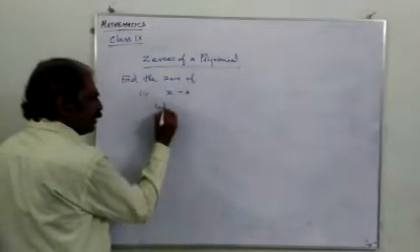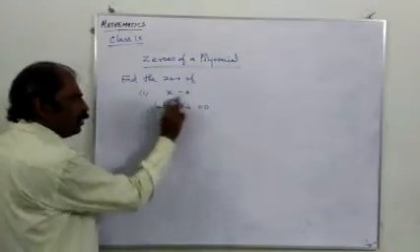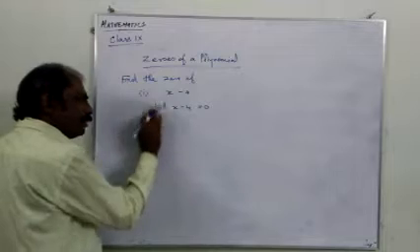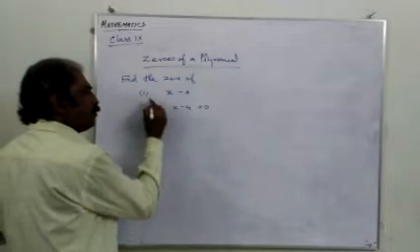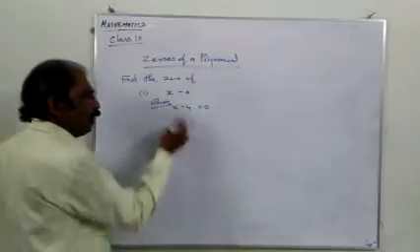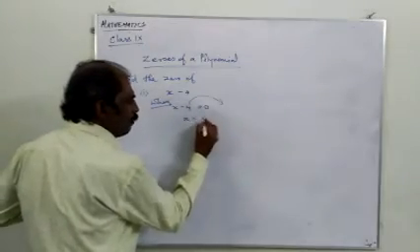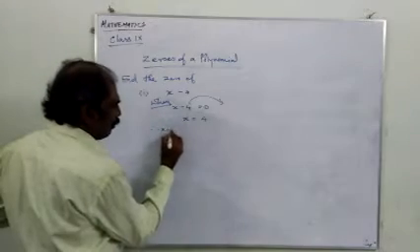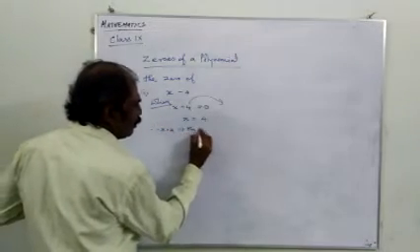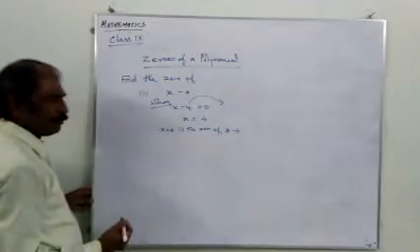Here let x minus 4 equal to 0, so the whole value is 0. Or instead of let, you can say when x minus 4 equal to 0, what is the value of x? x is equal to, it goes there, that becomes 4. Therefore, x equal to 4 is the zero of x minus 4.